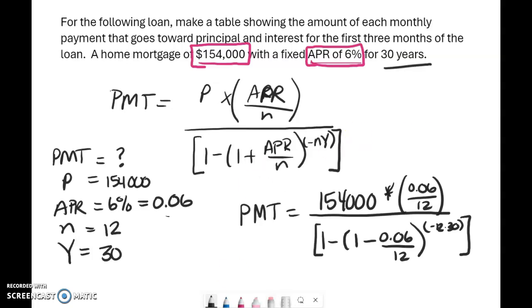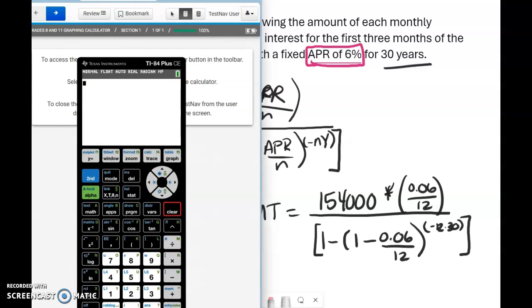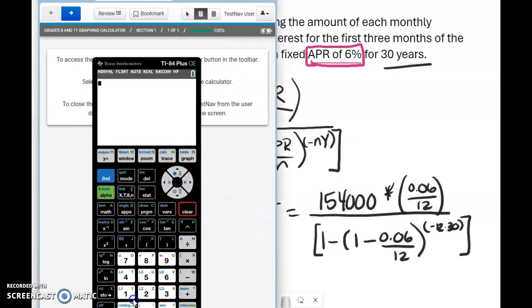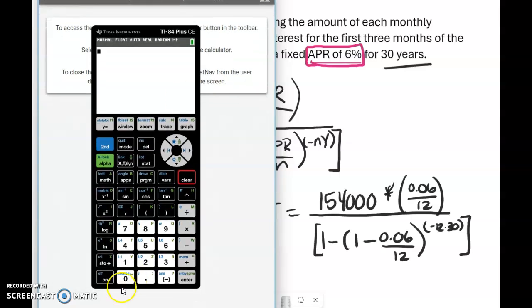So let's grab the calculator and let's take a look at it. I'm going to put everything that I have on this whiteboard into the calculator, and I'm going to do it all in one step. I'm not going to break it into pieces because this calculator will do everything in one step.